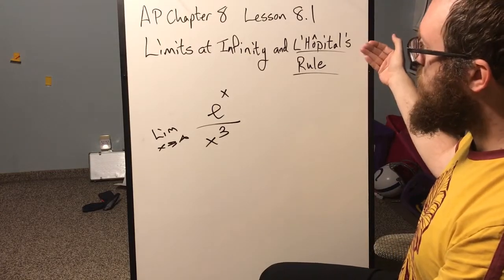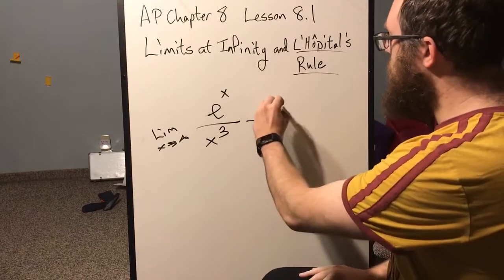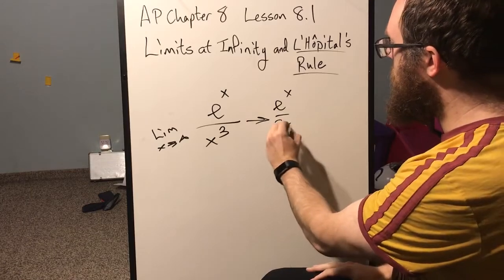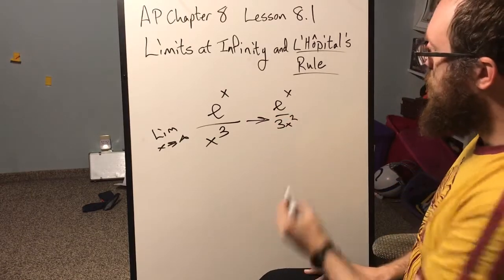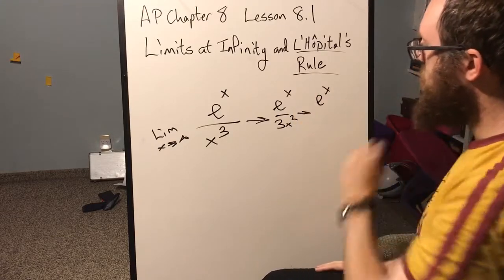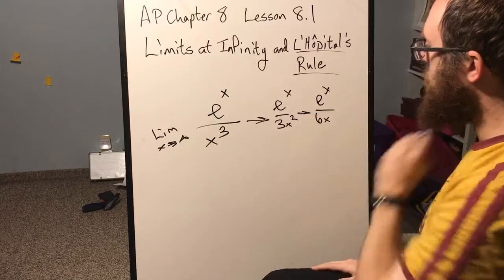If I start taking derivatives of this, the derivative of e to the x is e to the x. The derivative of x to the third is 3x squared. If I go again, the derivative of e to the x is still e to the x, but the derivative of 3x squared is 6x.